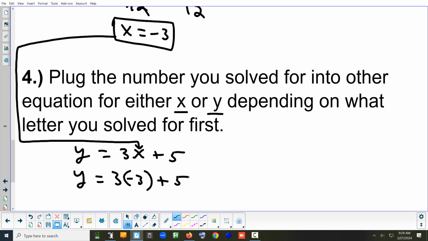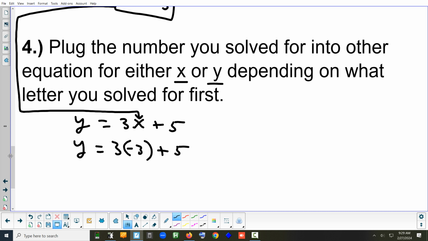Now we simplify that, and we'll have our answer for y. What's 3 times -3? -9. Good. And what's -9 plus 5? -4. Perfect.